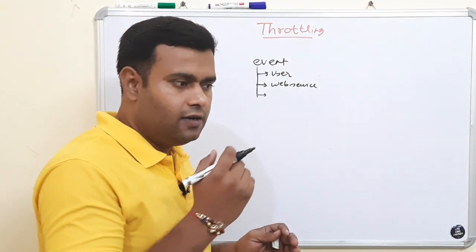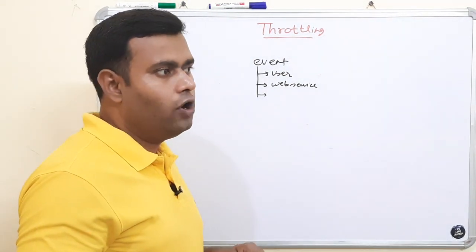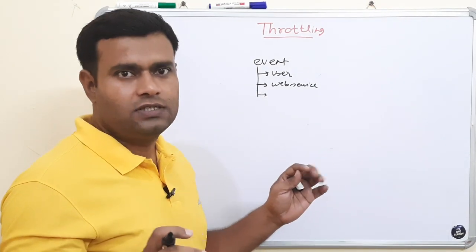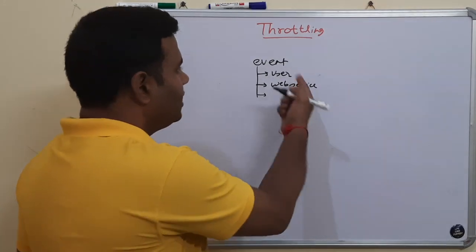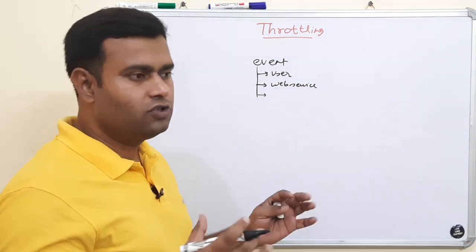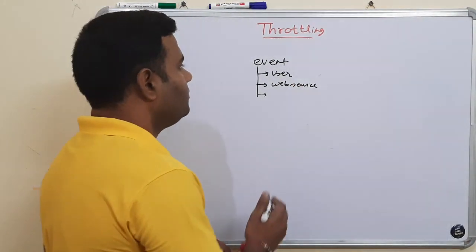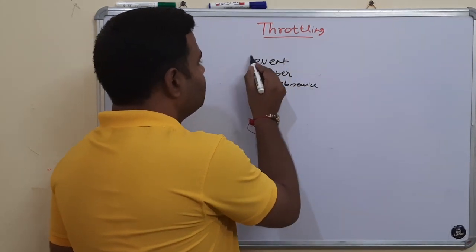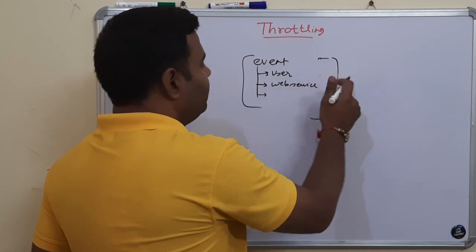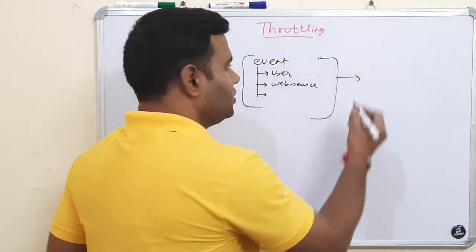Let's say you uploaded a file, or you change the screen size through your mouse. So anything the user triggered, or it can be computer triggered or some web service triggered. When this event happens, it will do some operation.